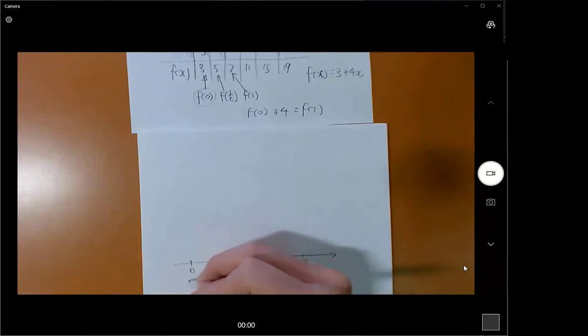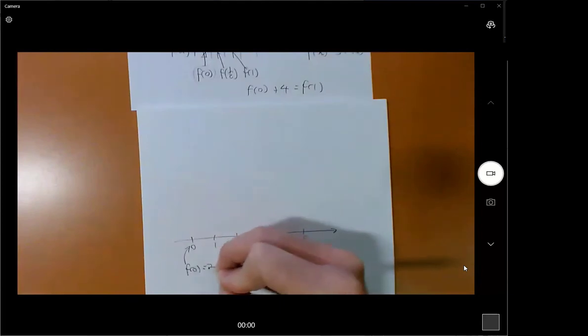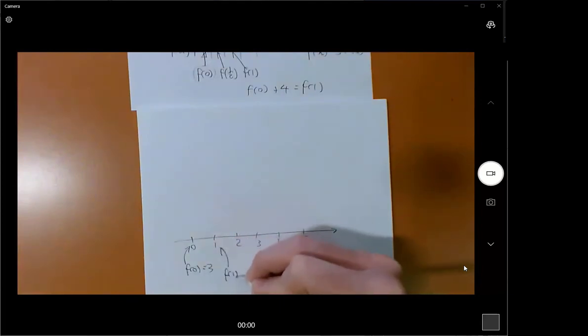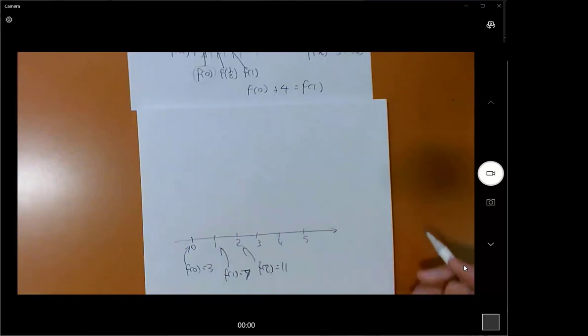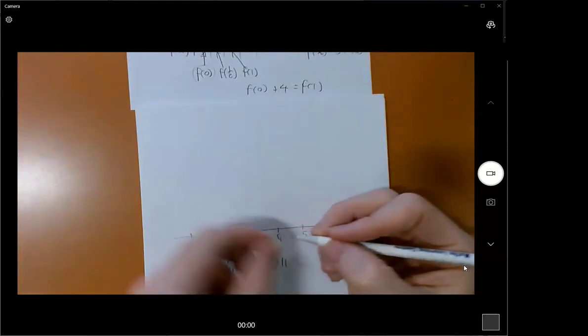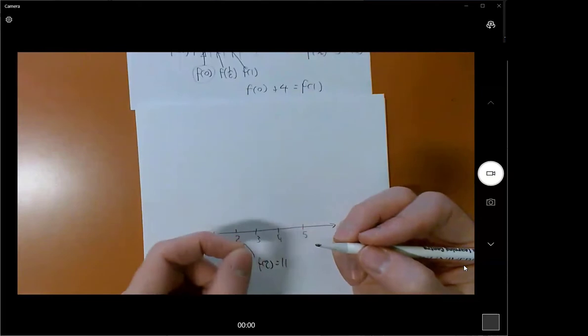I had the number 3 attached to this one. f of 0 was 3, and f of 1 was 7, sorry, and f of 2 was 11, and so on. What we normally do is that you could imagine it as each number having another number attached to it. And it's like an advent calendar at Christmas. When you open the thing, there's chocolate behind it. You open a little window here at number 3 and the number 11 is behind it, which is much less exciting than the chocolate, but we're okay.